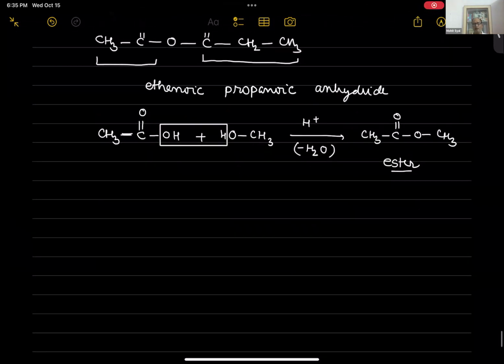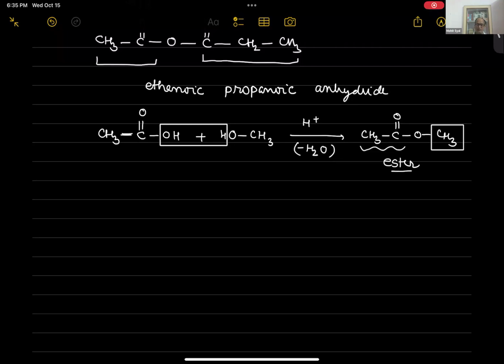So what should I write? Which is the parent chain? This should be treated as a substituent. This is not part of the parent chain. The parent chain is this chain of the ester because it is from the carboxylic acid. For a carboxylic acid, the parent chain is the one that contains CO. So this is also the parent chain. Got it?